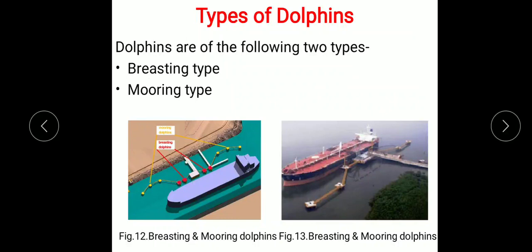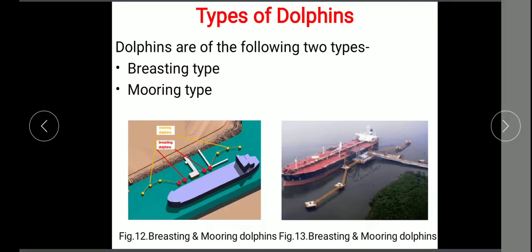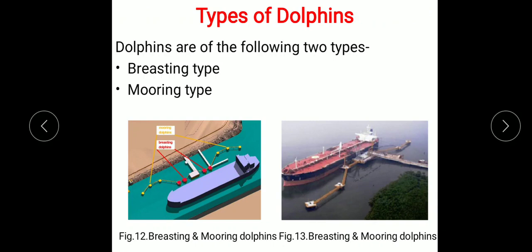So here figure 12 and 13 show breasting and mooring type dolphins. Figure 12 shows the red color breasting dolphins which are constructed near to the harbor side, and mooring dolphins are in yellow color which are away from the harbor side.